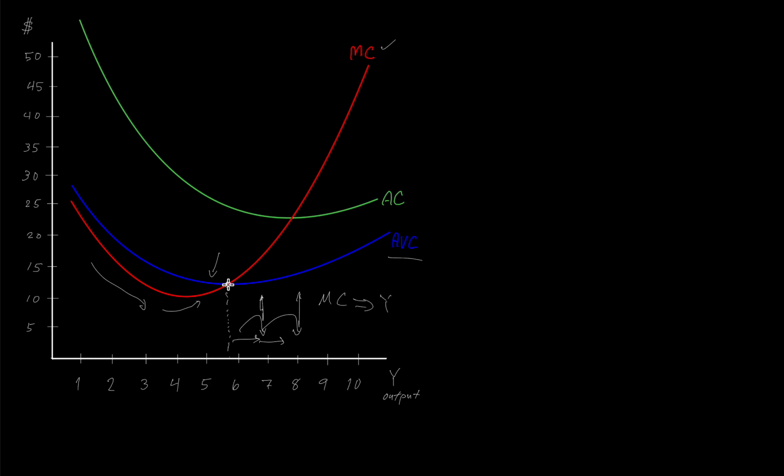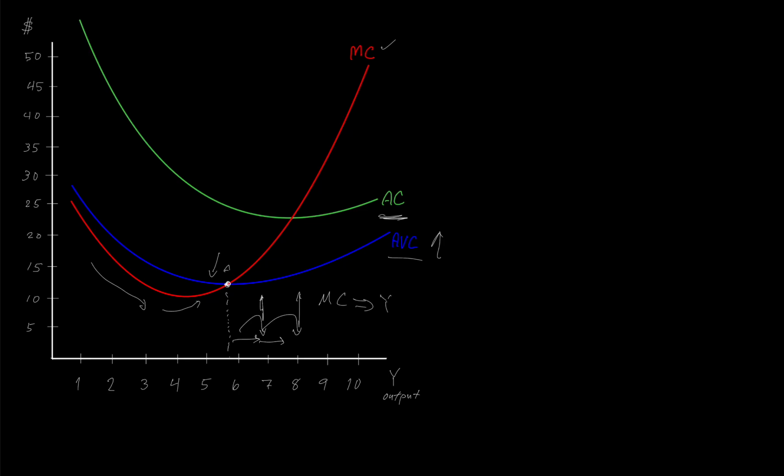So we've crossed this point. Average variable costs after this point, I'll just label this just A, are going to go up, right? However, at this point, all of our average costs, average fixed cost, average variable cost, which is the sum of average cost. Average cost is the sum of average fixed and average variable costs.